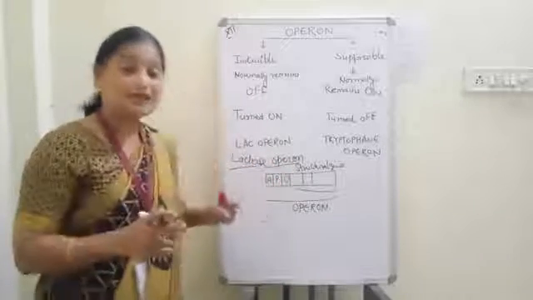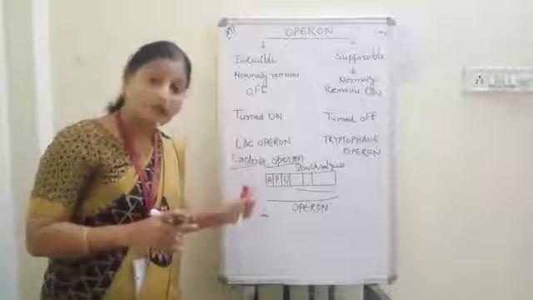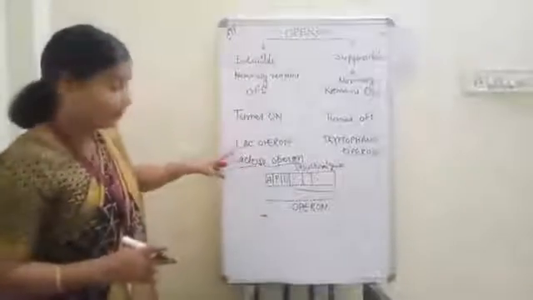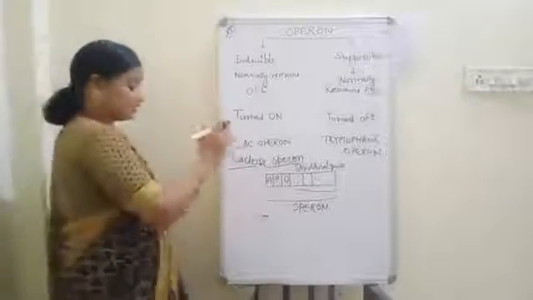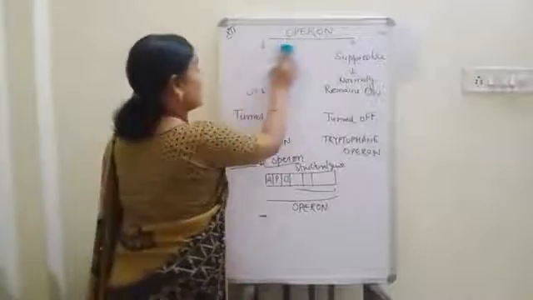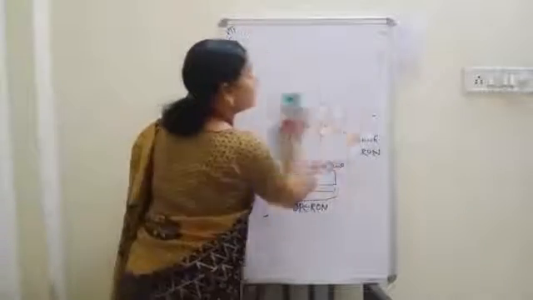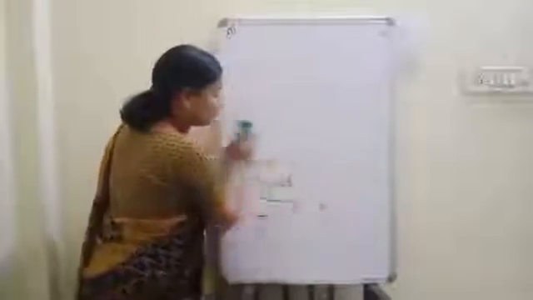So in the Lac Operon, lactose should be there. So the name is Lac Operon. Now, this Lac Operon was explained by Jacob and Monod. So, we will begin with the Lac Operon.